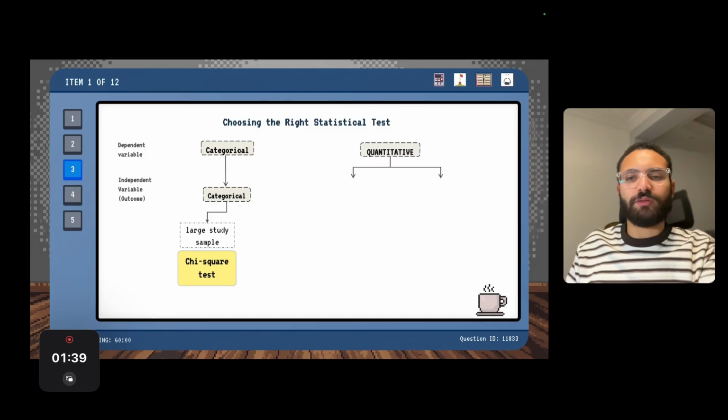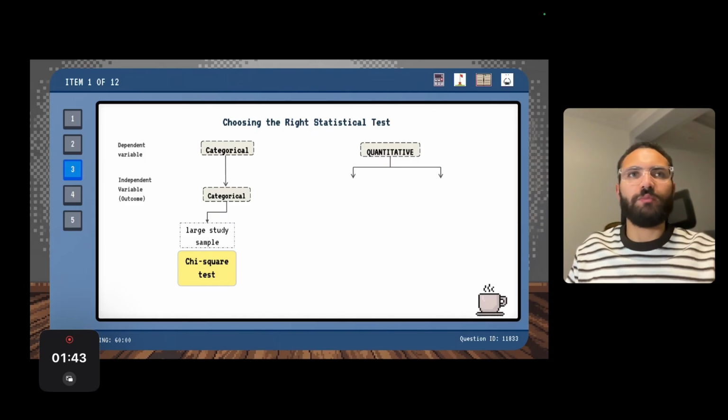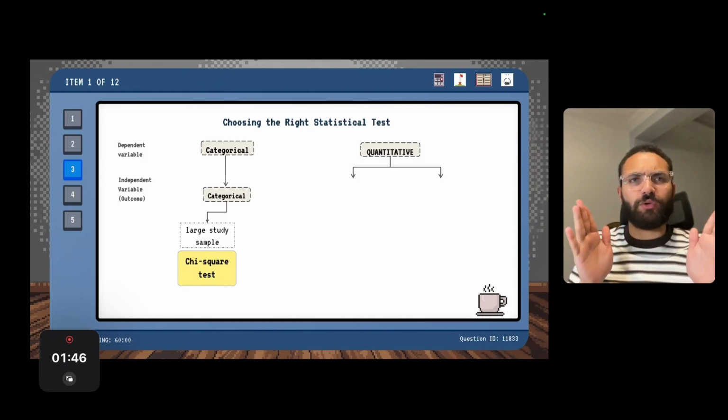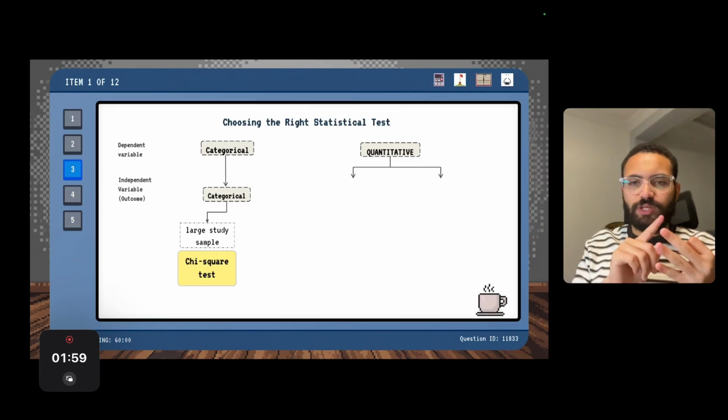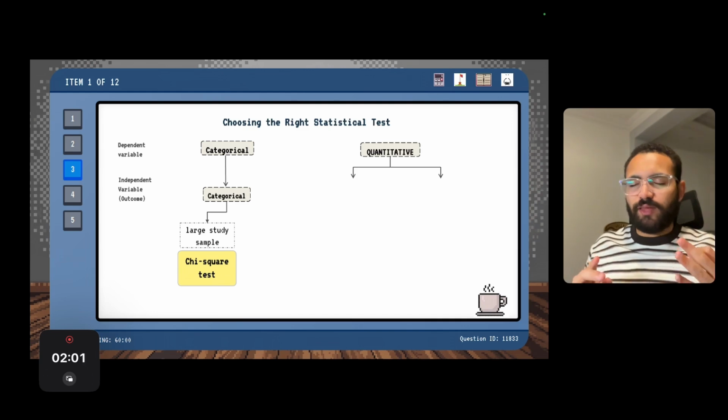Then, but what if it's another quantitative thing? Like we are now measuring and dividing the group according to a number, to a mean, to a blood pressure, to a thing that can be expressed in number, like forced expiratory volume, mean blood pressure, random blood sugar, anything like that.